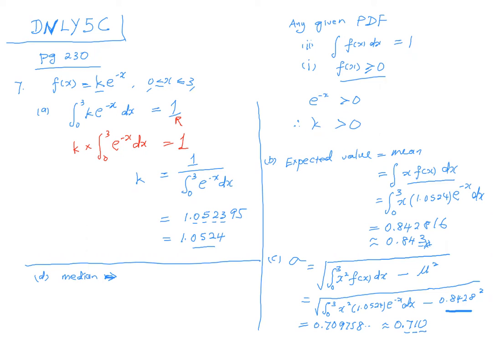Yeah, it must involve integrate. Median means 50% of the data is less than that, 50% of the data more than that. So integrate equals to... Integrate from what to what? 0 to 3? Oh, no. If you integrate 0 to 3, you definitely will get 1.